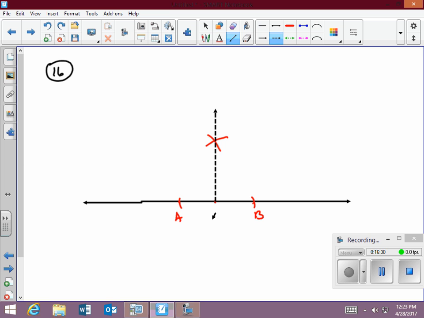So C, CD is going to be perpendicular to the line AD.